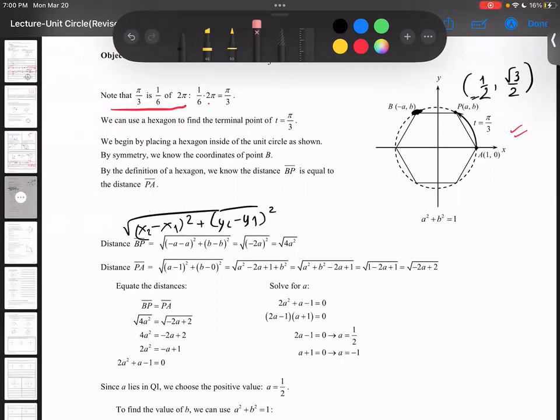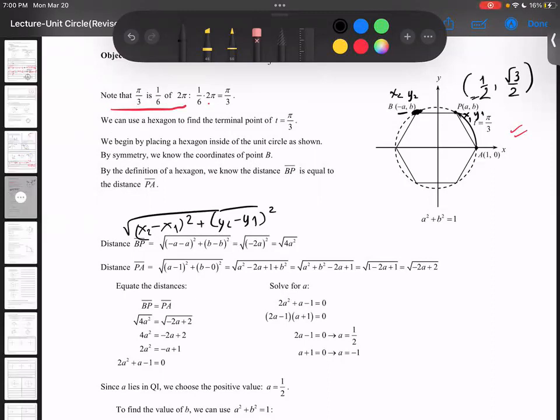To find the distance of BP, they take a minus negative a, so that's x2 and this is x1, and y2 minus y1 is b minus b.